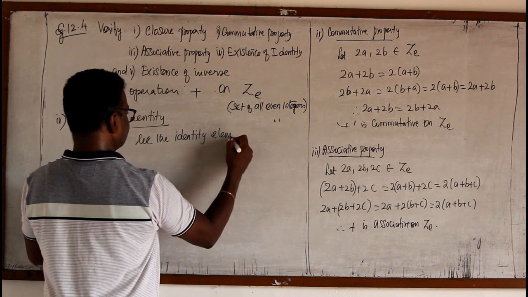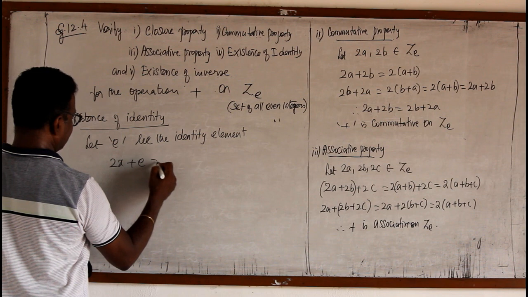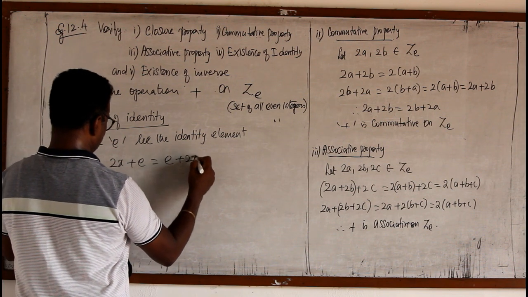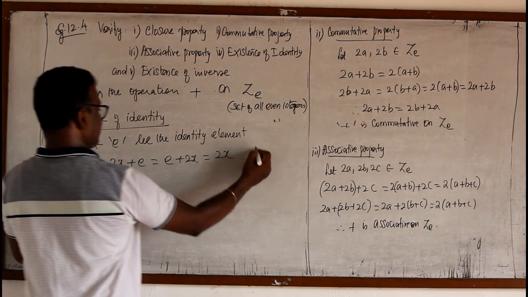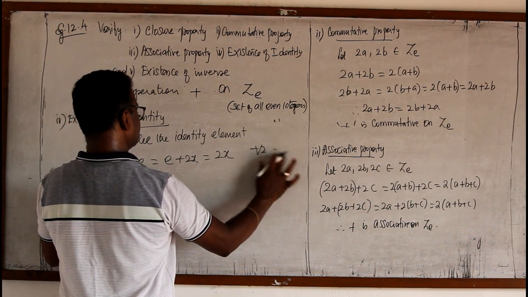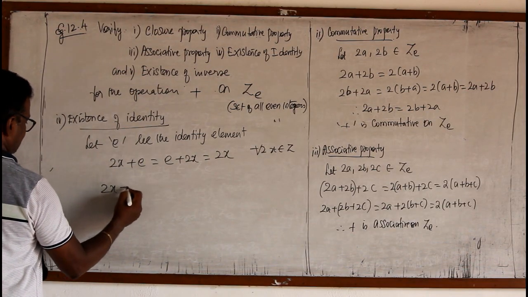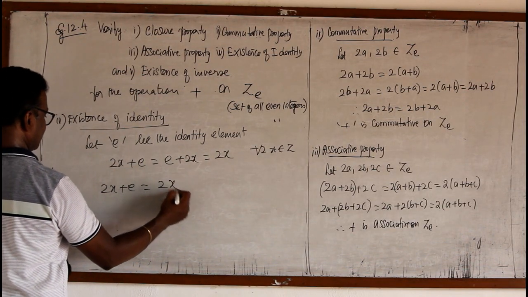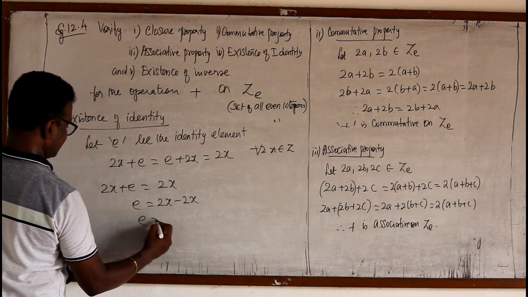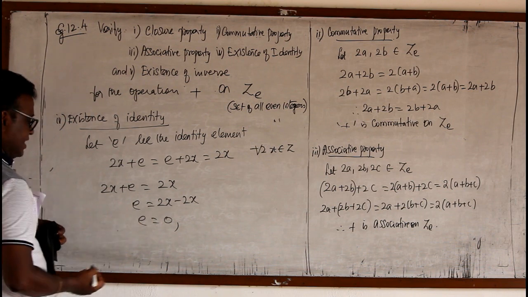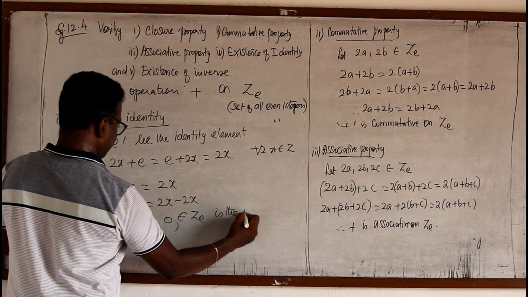That means either 2x plus E or E plus 2x, the answer must be 2x, for every 2x belongs to ZE. So let me take the first one. 2x plus E equal to 2x. Then E equal to 2x minus 2x. E equal to what? 0. Definitely 0 is an even number belonging to ZE. It is the identity.